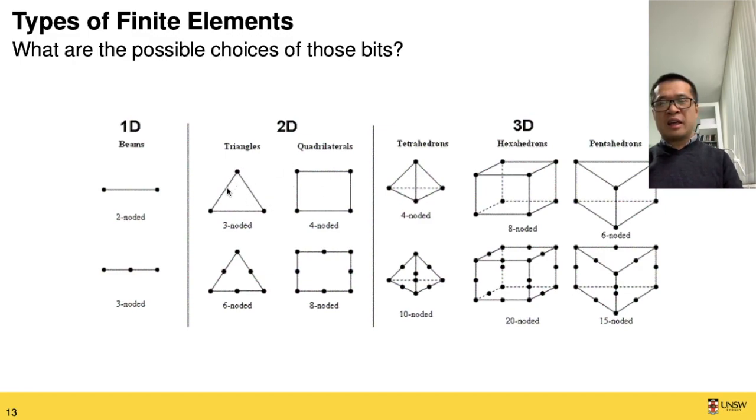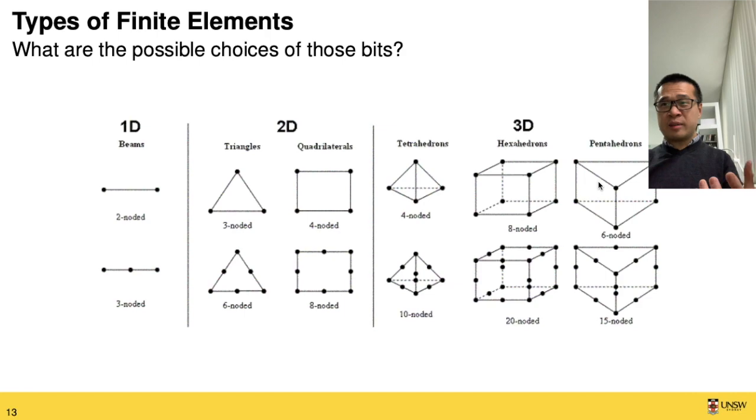You can see the most common choice of the nodes is at the apexes of these 2D shapes. And when you move further to the 3-dimensional case, you can have a tetrahedron, hexahedron, or pentahedron, depending on what's most suitable for the shape you have at hand.